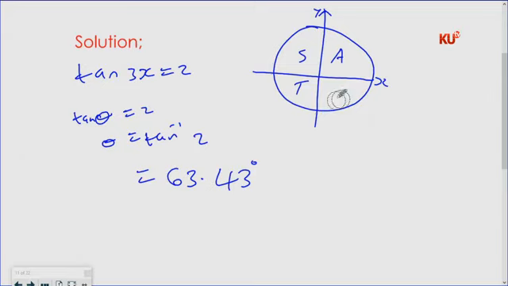Chemistry is C. So S stands for all trigonometric ratios, angles between 0 and 90 must be positive. Here in this quadrant, only sines of angles are positive. The rest are negative, so the rest we are referring to tan and cos.